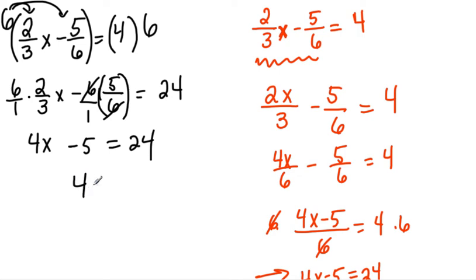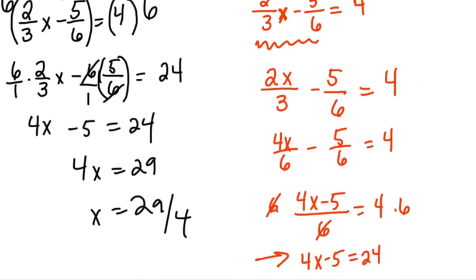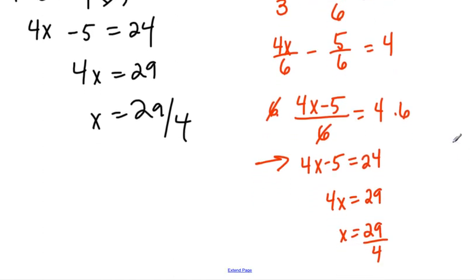Solve for x. Is that the same thing that I got a while ago? Yep. That's not what I was thinking. It sort of was. But hold on just a minute, Tanner, because you told me to add 5/6 over here. So if I added 5/6 over there, I would have got 29/6.